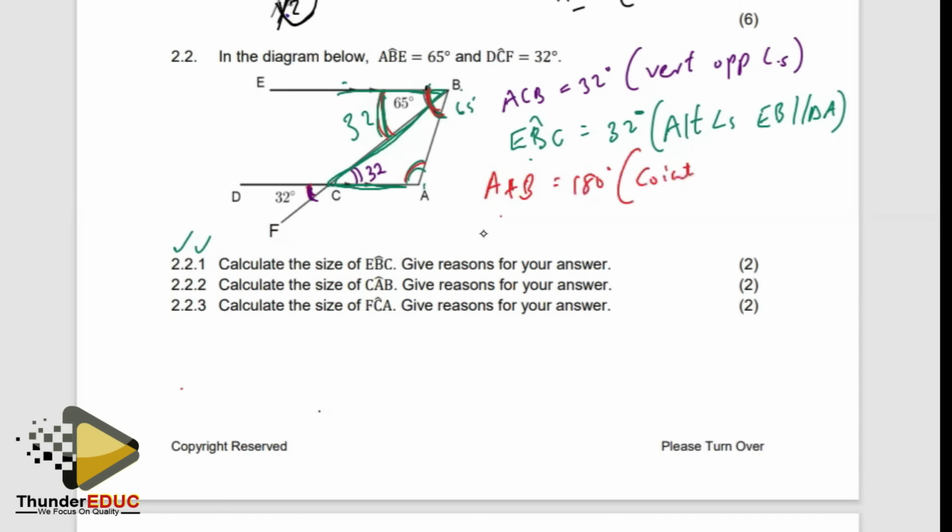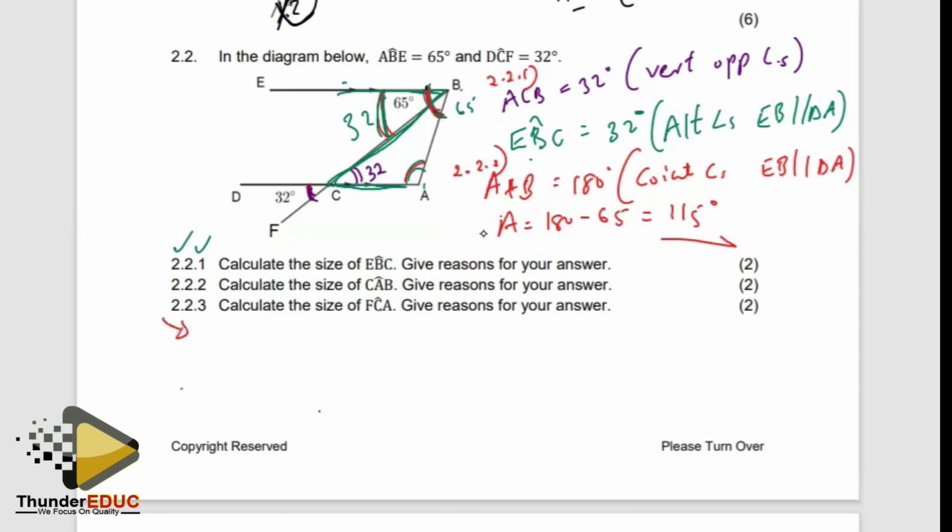Those are co-interior angles because EB is parallel to DA. Okay, but since our B is 65, which means my A is going to be 180 minus 65. When I punch that into my calculator, I'm getting 115 degrees. So that is 2.2.2.